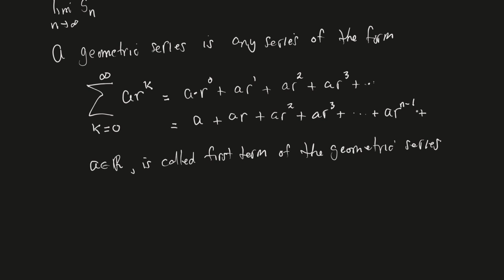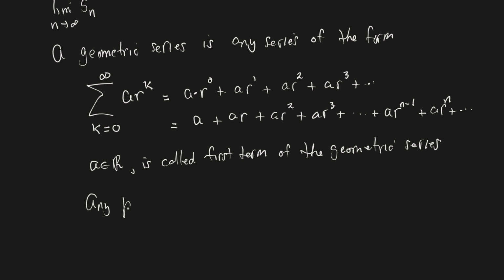And then let me write the term that would come after this. So then this would be a times r to the n, right? And then it will continue, right? So let's take these two consecutive terms. The two consecutive terms anywhere in the series must be of this form, right?